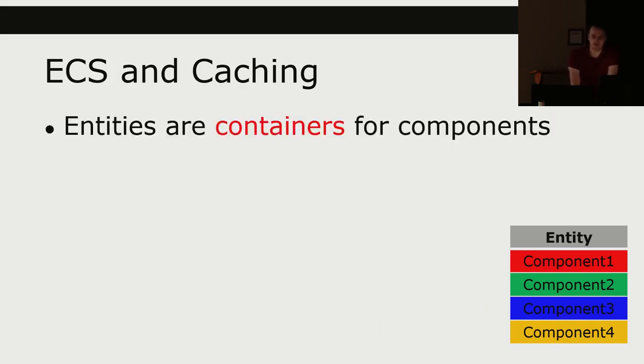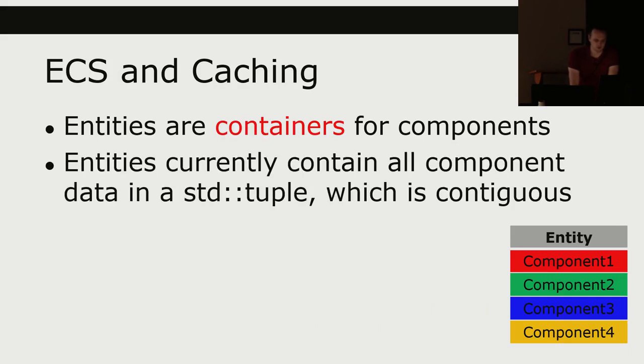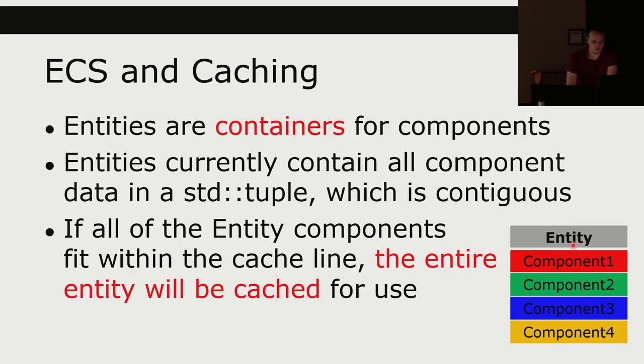So ECS and caching. Entities are containers for components right now, right? Currently in our engine, entities contain all the component data in these tuples. And tuples are great because they're contiguous. So if we do get an entity, and all the entity components fit in the cache line, that's great because the entire entity is now cached.